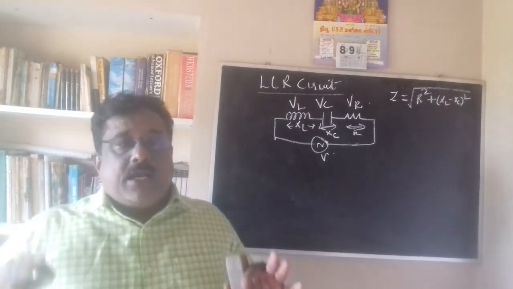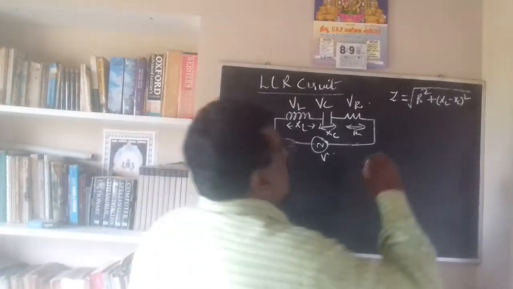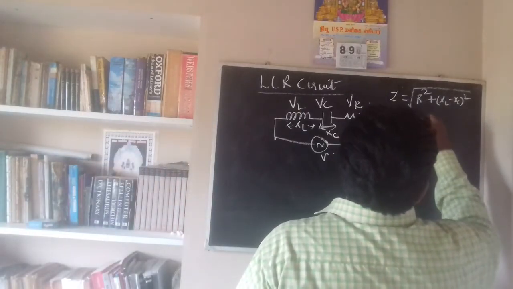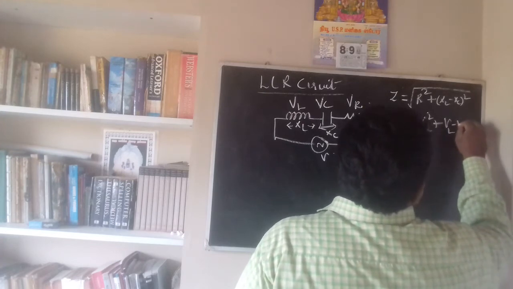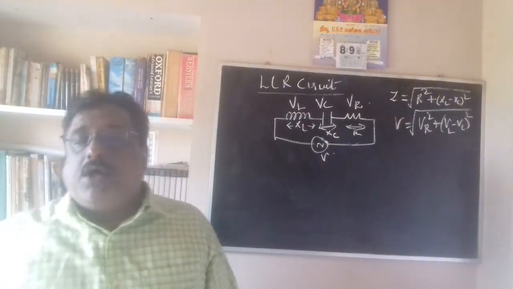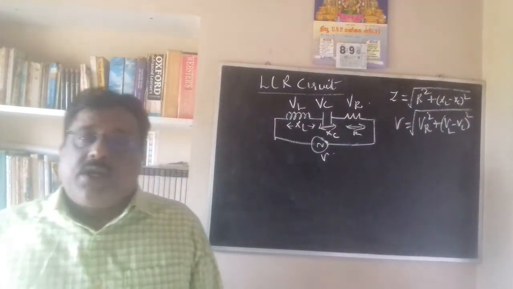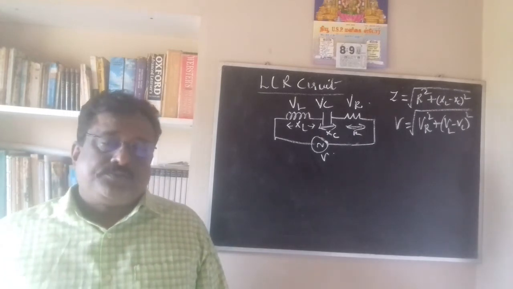Suppose you want to calculate the net voltage, there is another formula. V is equal to the square root of VR square plus VL minus VC the whole square. Using this formula, we can calculate the net voltage supply in the circuit.